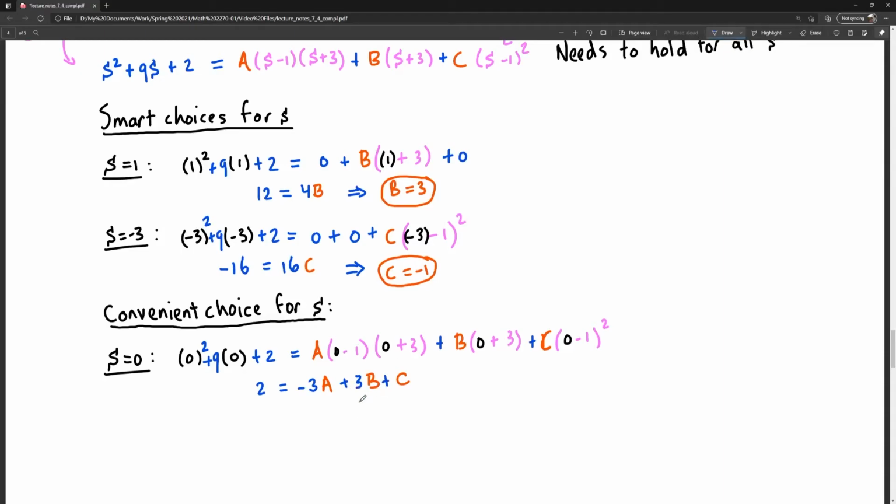Now, we already know B and C, and at any time you could have plugged those in. We know that B is 3, C is negative 1. So this simplifies to 2 equals negative 3A plus 3 times 3 plus negative 1.